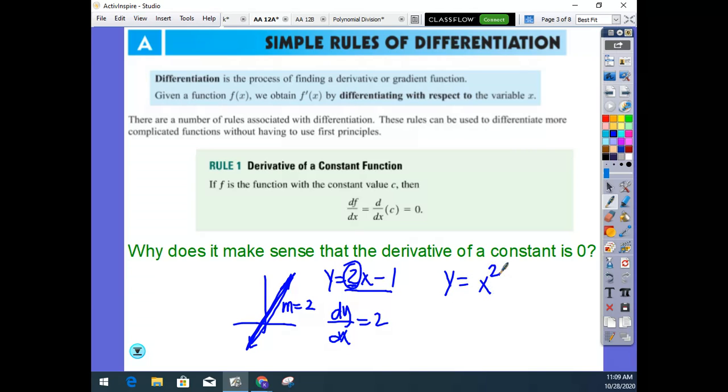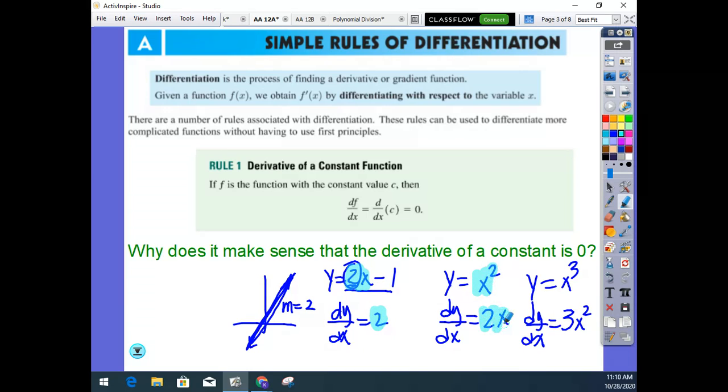Say that y equals x squared, I'm just going to tell you the derivative is 2x. If we start with y equals x to the third, the derivative is 3x squared. So what's the comparison? 2x turns to 2. x squared turns to 2x. x to the third turns to 3x squared.